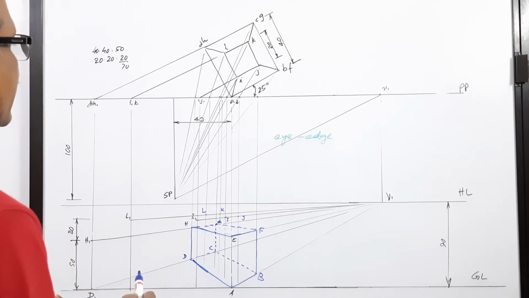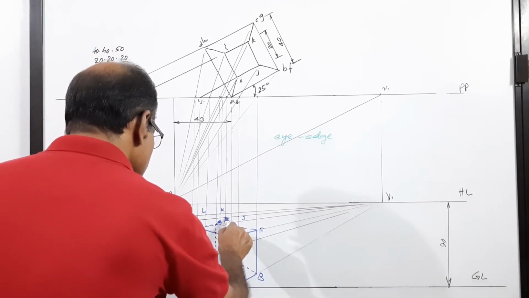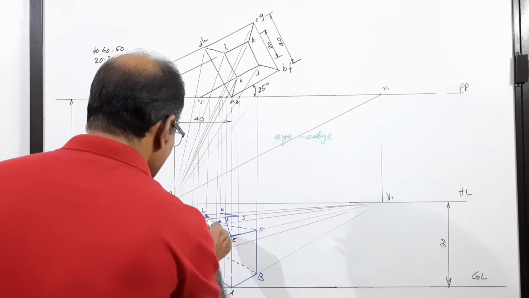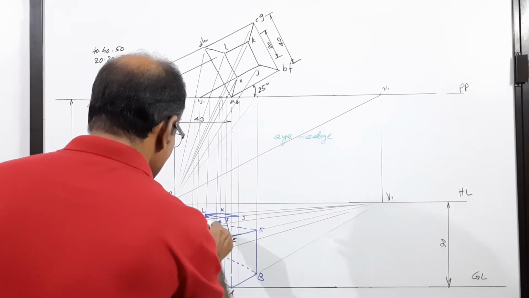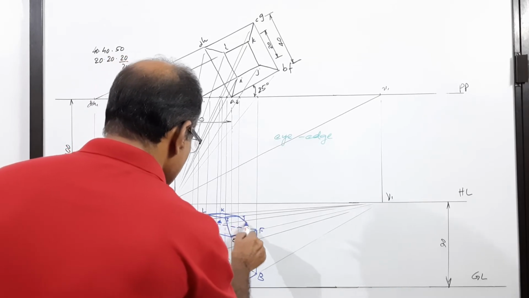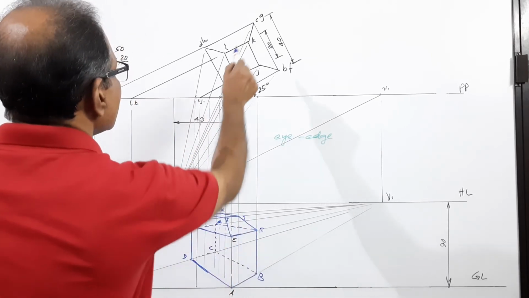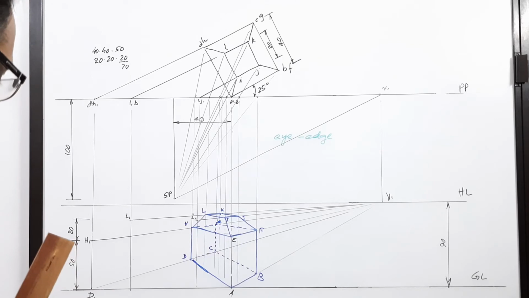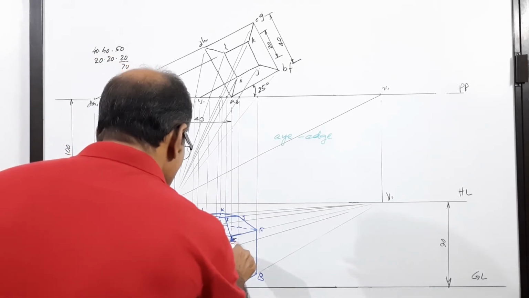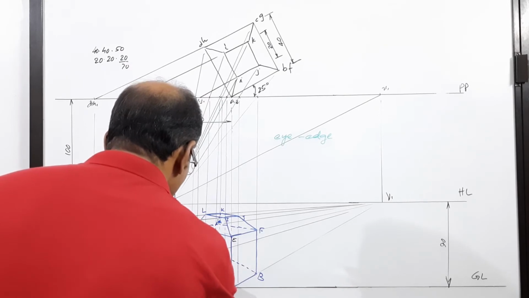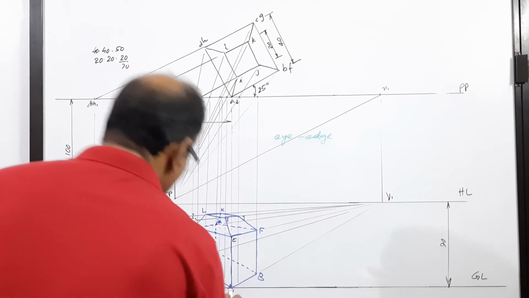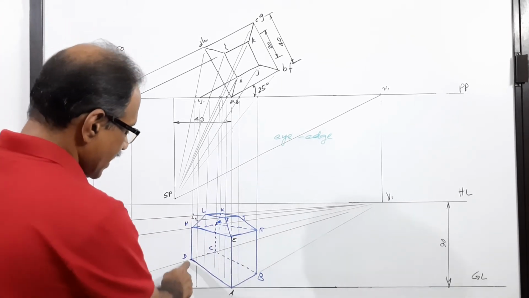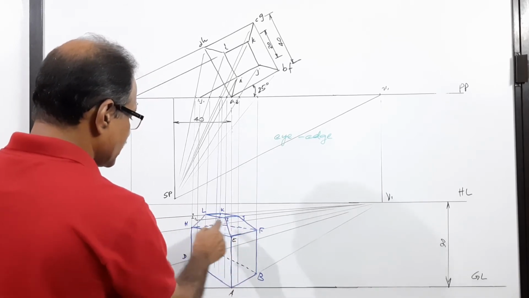Then E, I, J, K, I, L, K, L, H, L, J, F, K, G, K, G, K, G. I hope it is clear. A, B, C, D, E, F, G, H, I, J, K, L.